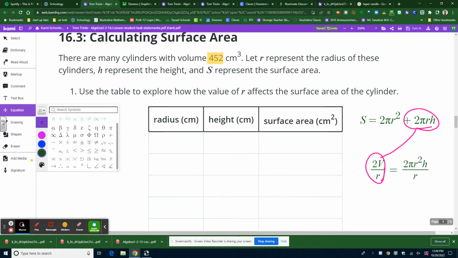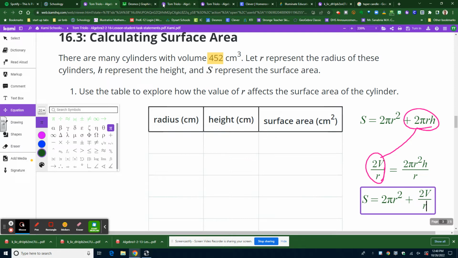So S equals 2 pi r squared plus 2V divided by r. Okay? So now h is out of the picture, because we already have h.